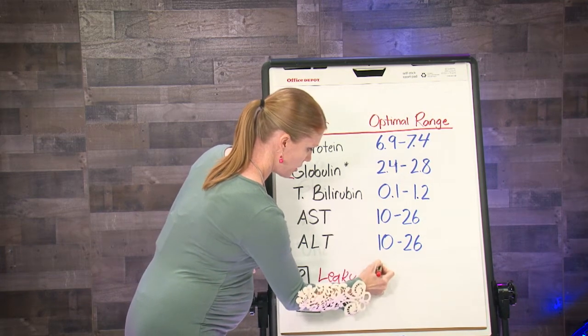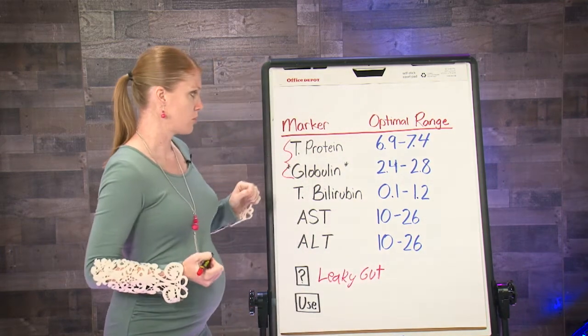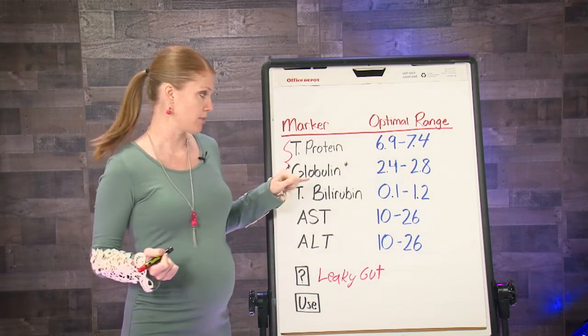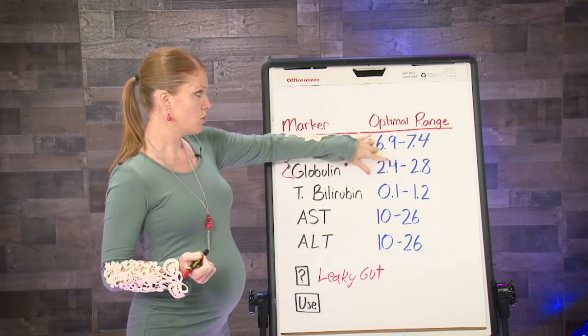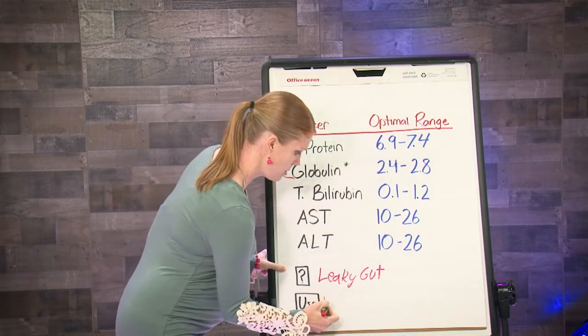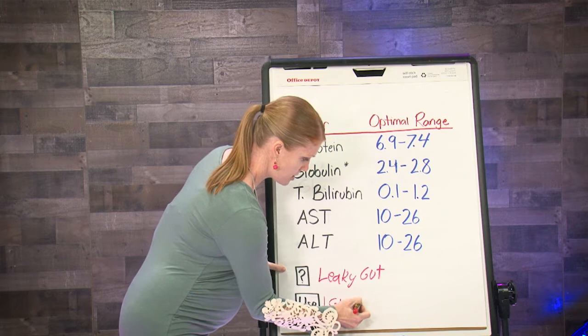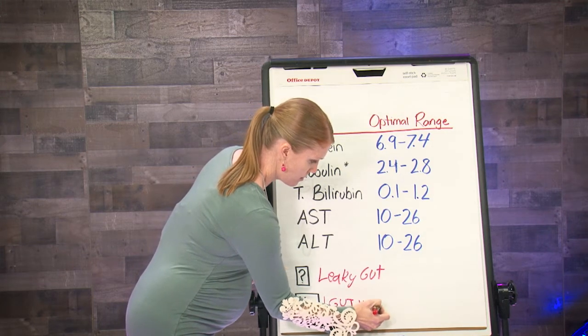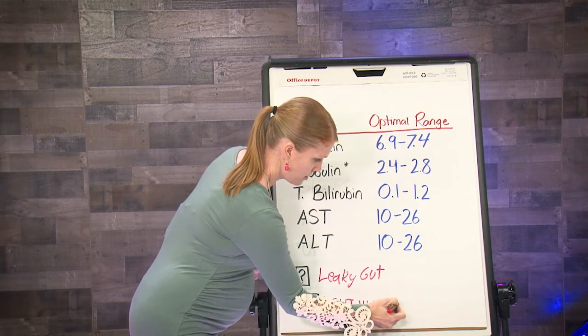So now not only do you have BUN, but you have the total protein as well. And if you're lucky enough, you have globulin. If they're low or high, leaky gut. What do you use? L-Gut, Vista 1 and 2.